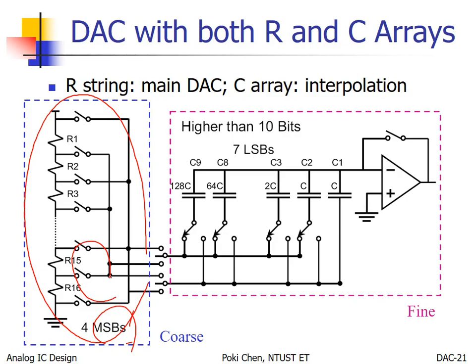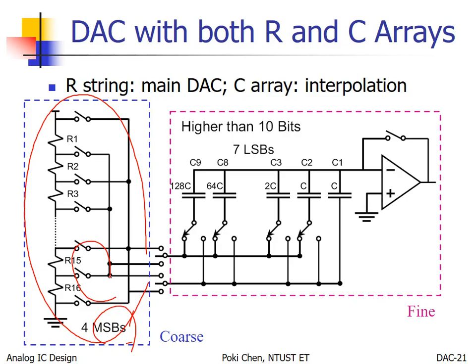Otherwise, the switches here need to be doubled. It doesn't make any sense. We need to reduce the complexity. So usually we have such a structure, according to your LSB, from largest to smallest, from smallest to largest. Anyway, I mentioned it in a previous class.